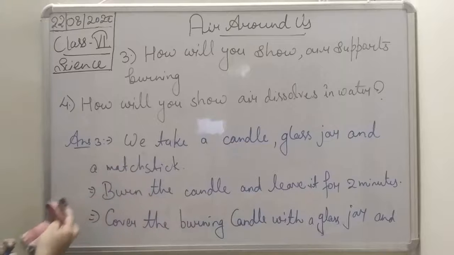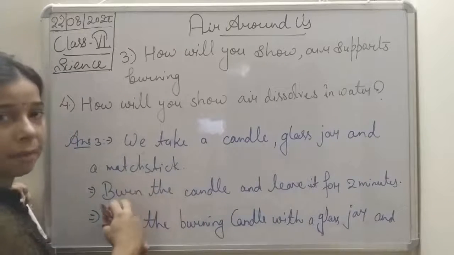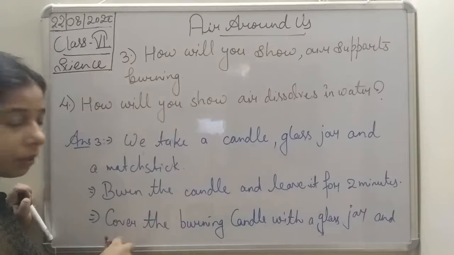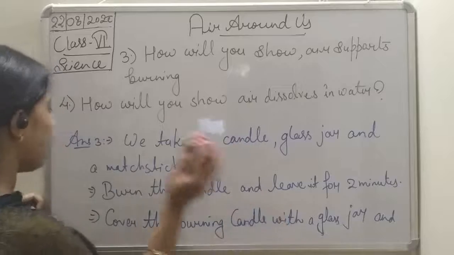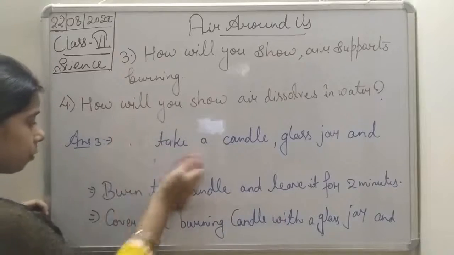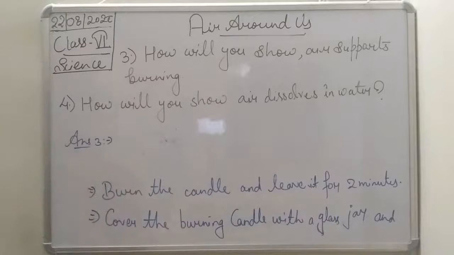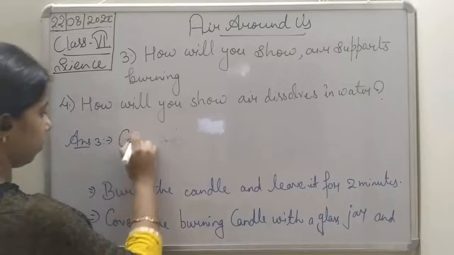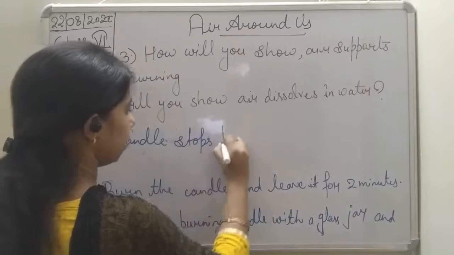What you will observe in the third one, students: at first we take a candle, a glass jar and a matchstick. Then we will burn the candle. Now cover the burning candle with the help of the glass jar. And what you will observe? You will observe that the candle stops burning.